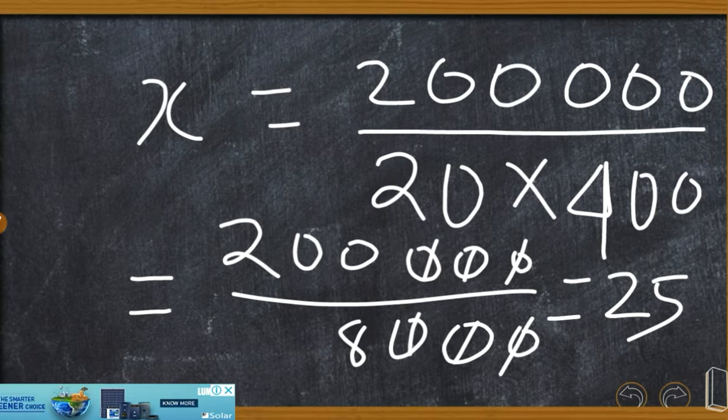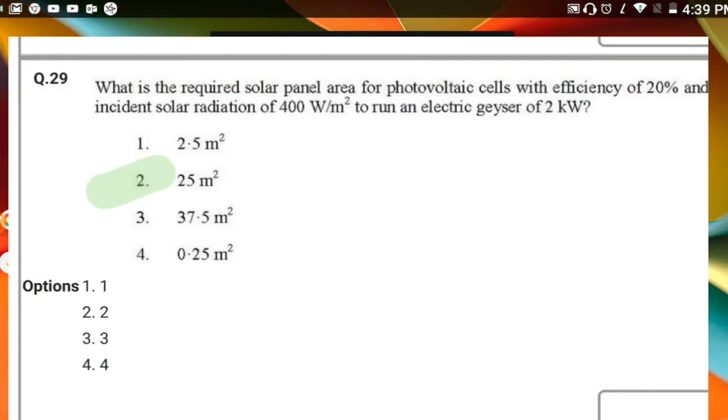So 25 meter square is the area of that solar panel.